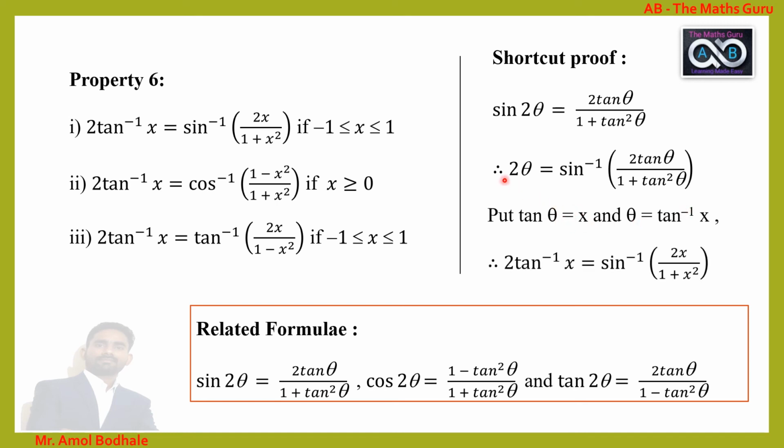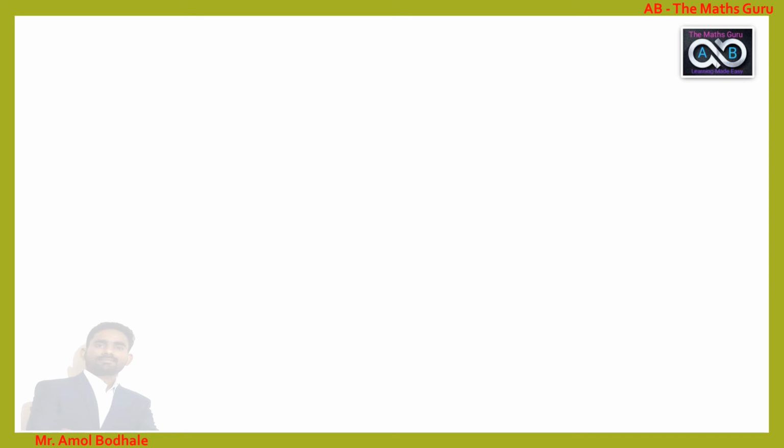So we'll get 2 times tan inverse of x equal to sine inverse of 2x upon 1 plus x square. In this way we get the proof of the property in shortcut. Let's see the proof in detail.